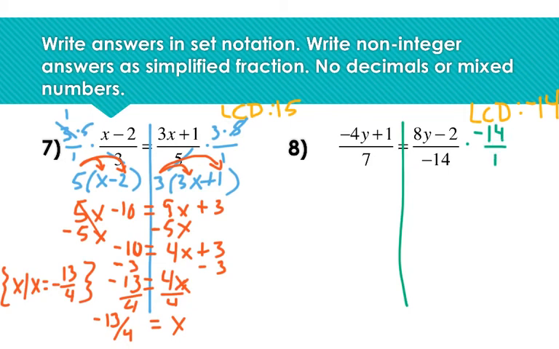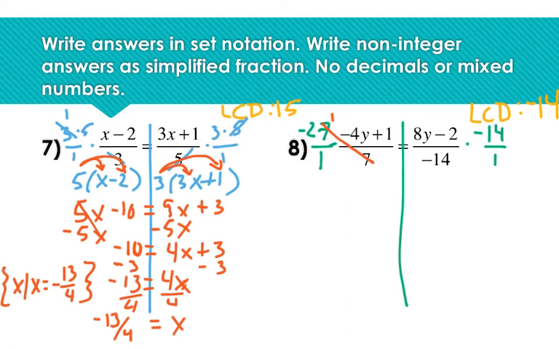Now, to be clear, I'm actually going to do this a little bit different. Instead of writing negative 14 on the left, I'm going to write it as negative 2 times 7 over 1. So now we can simplify the 7s. We're going to simplify these 7s to 1, because 7 divided by 7 is 1.